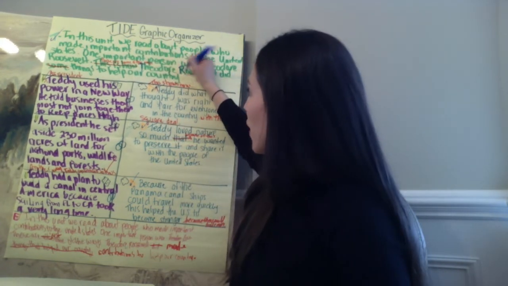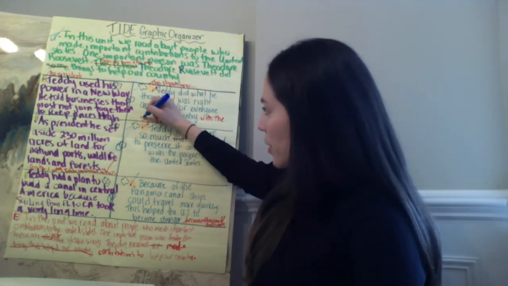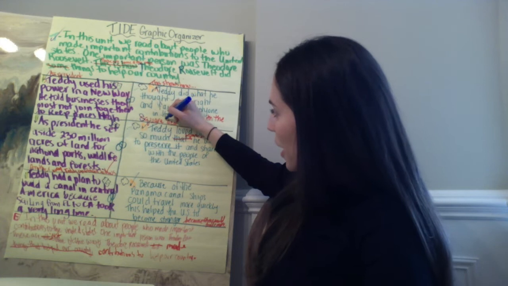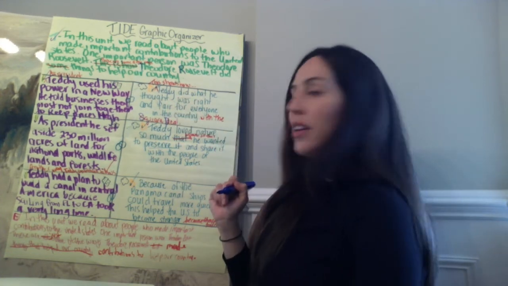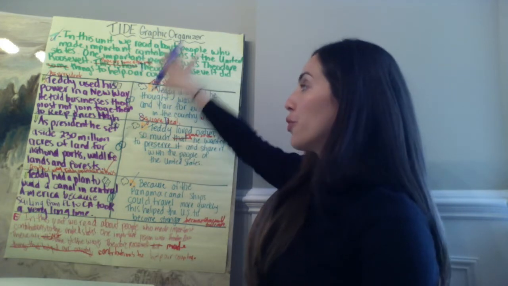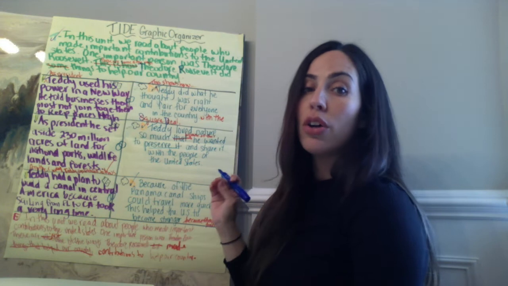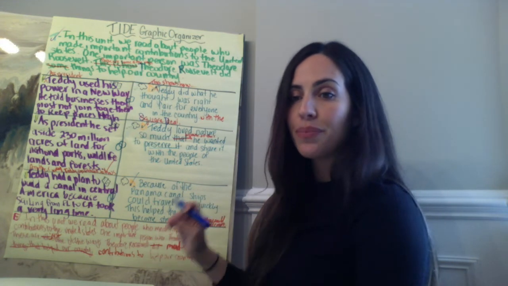Theodore Roosevelt, I want to make sure I'm using capitals here. Here I wrote square deal, and because it's the name of something, I want to make sure that it is capital also. So what you're going to do is go through and read it and make sure that all of your words and everything looks right, sounds right.